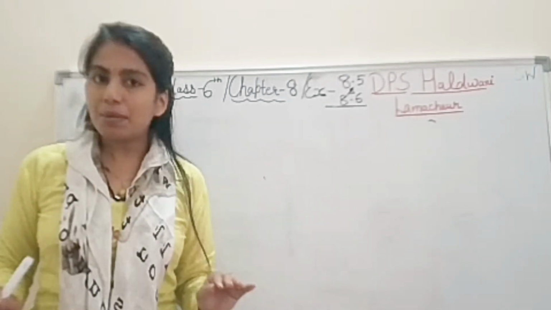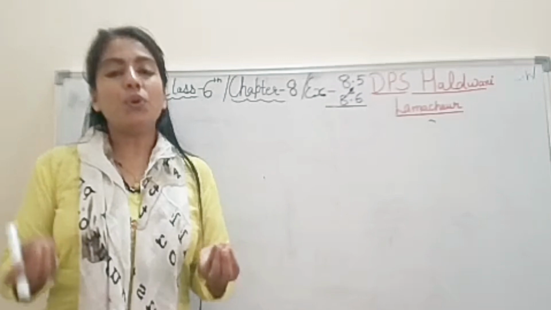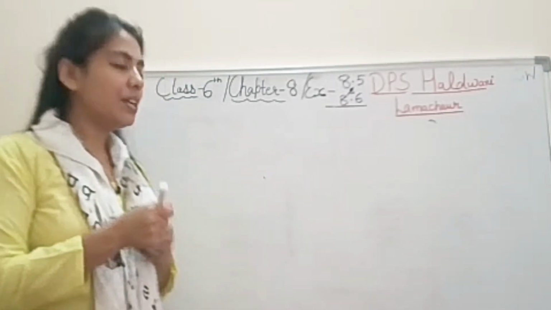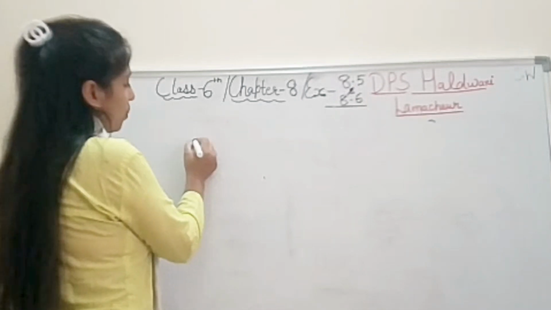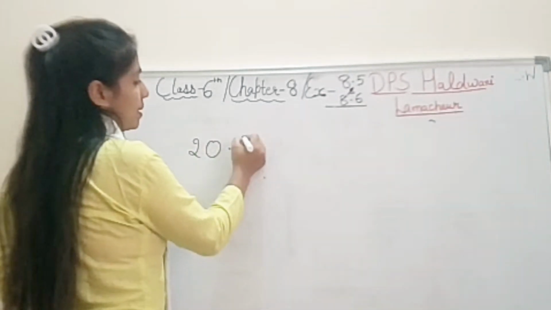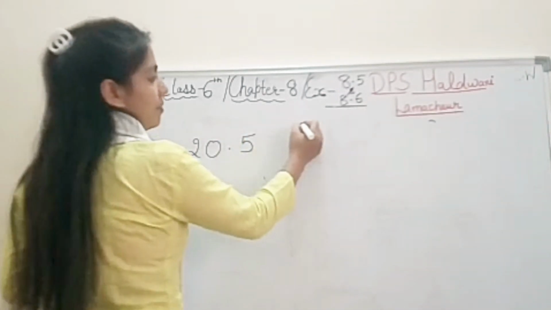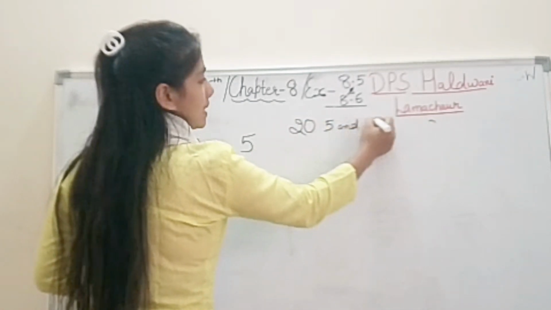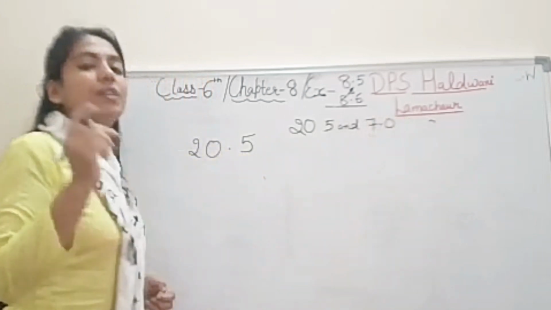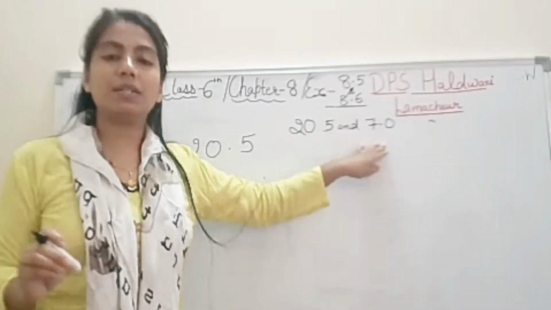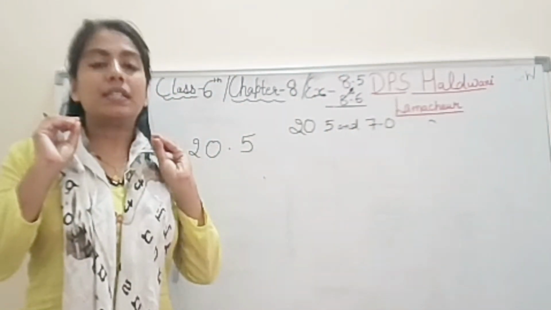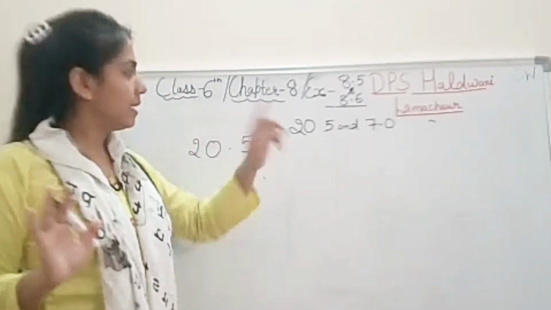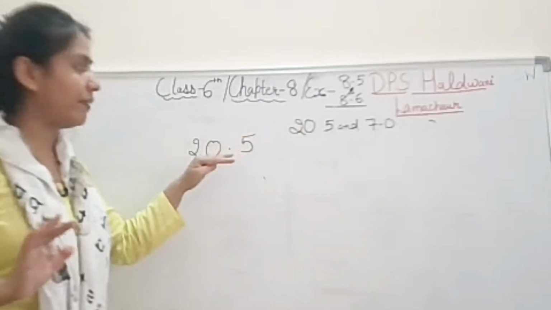Although it is very simple, let's see one more time how to add and subtract the terms. Students, if I am going to add decimal terms, 20.5 and 7.0, you just need to see which term will come under which term. It is 20.5 we have written.